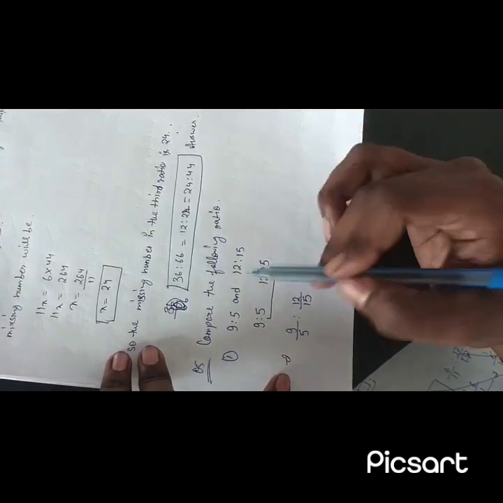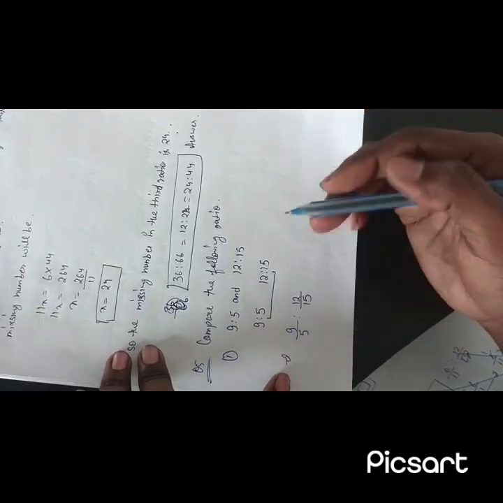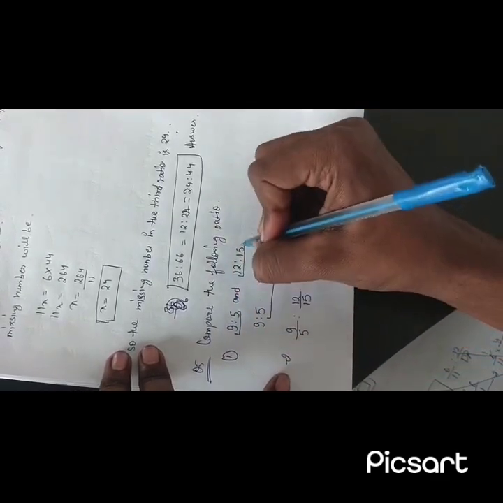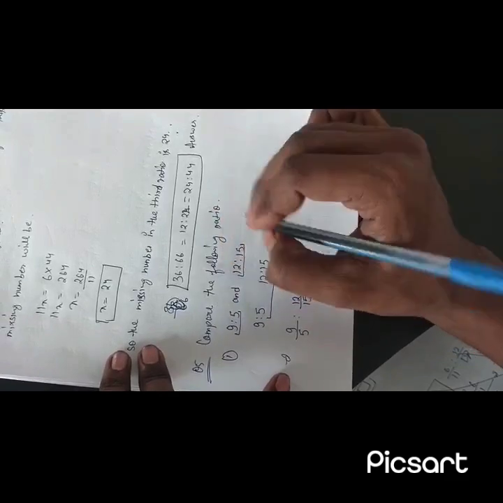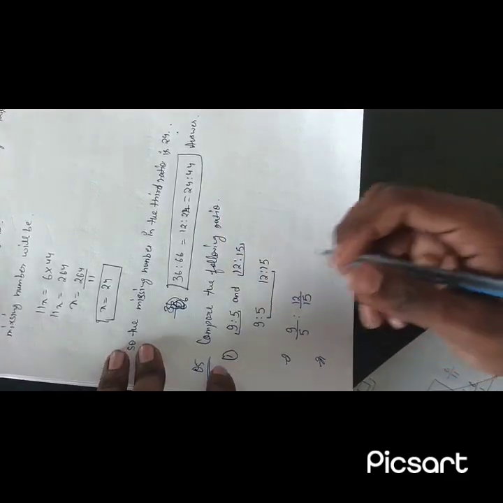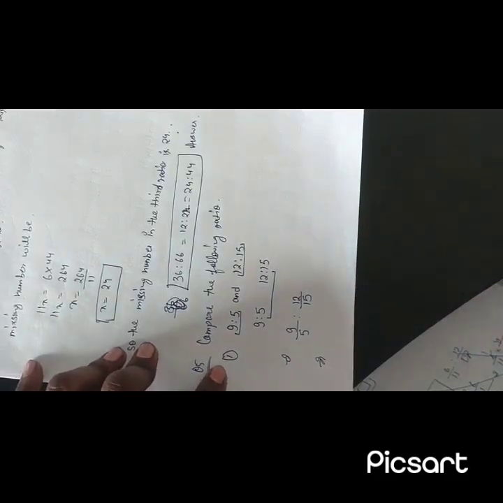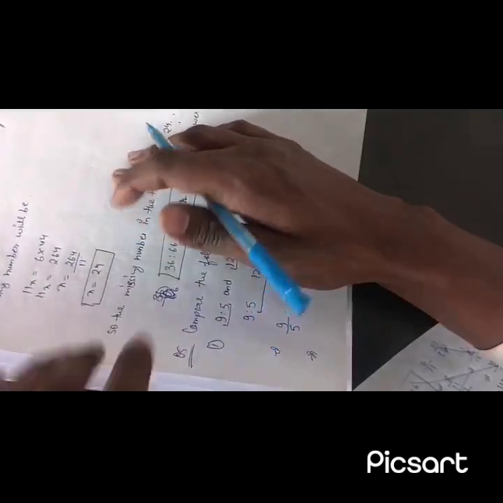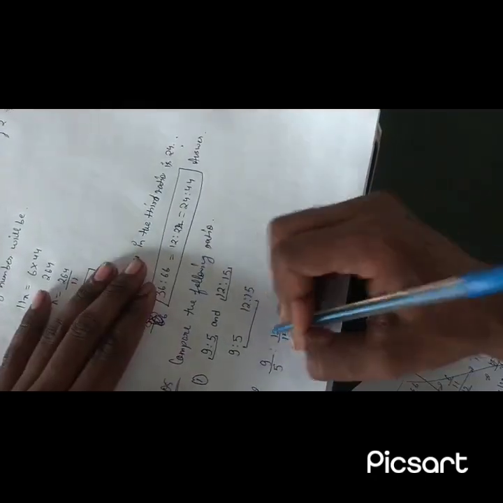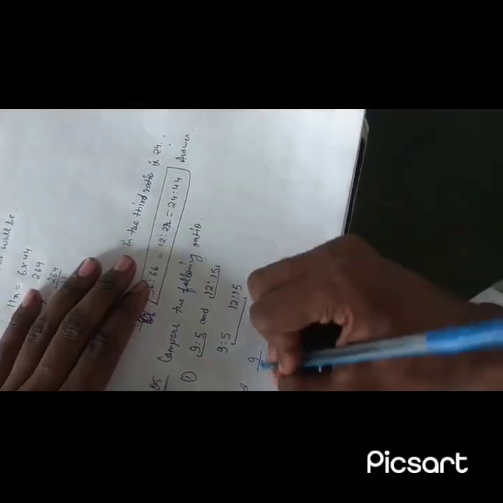Understand? I told you comparison is to find the ratio. Suppose these were the two consequent values, we have to compare them and find the ratio between them. So again we have to solve it like I have solved earlier. First we have to make it in the simplest form.